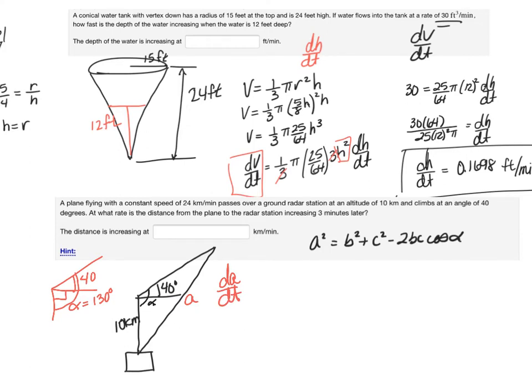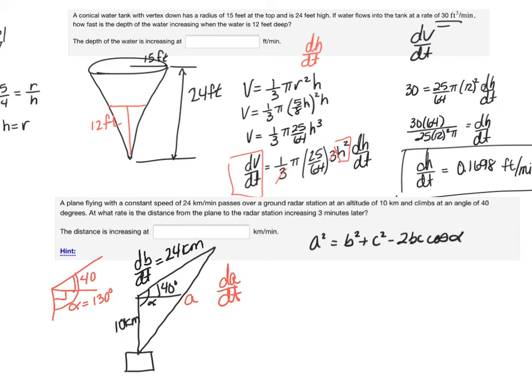So we're going to see if we've got everything that we need. We have a plane with a constant speed of 24 kilometers an hour. So we know that this, we'll call this B, so dB/dt is 24 kilometers per hour.